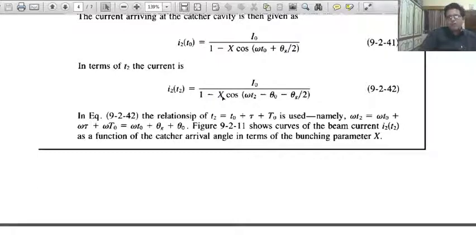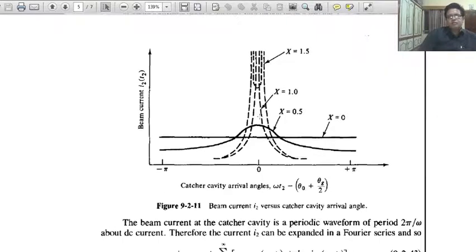X is the bunching parameter. This curve shows the catcher cavity arrival angle omega T2 minus theta 0 plus theta g upon 2 versus beam current I2, for different values of X. For X equal to 0, only a straight line; for 0.5, for 1, it becomes sharp peaks.